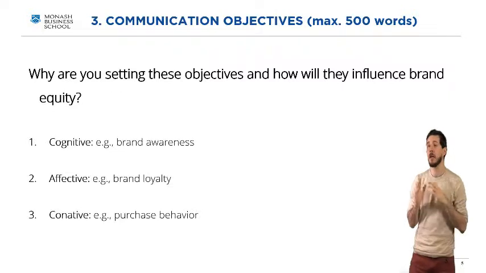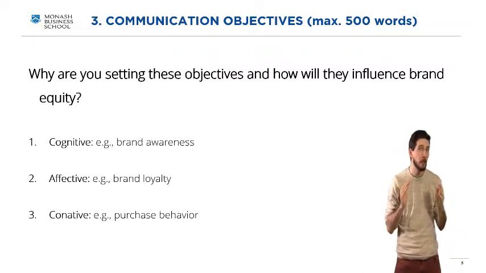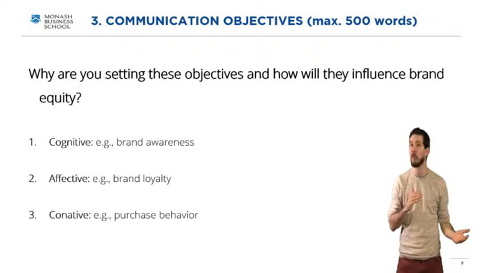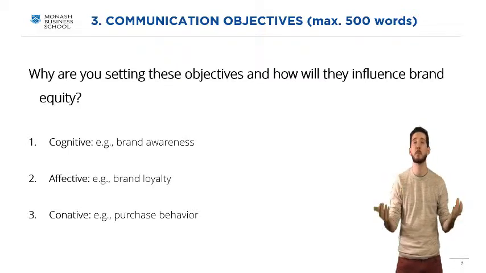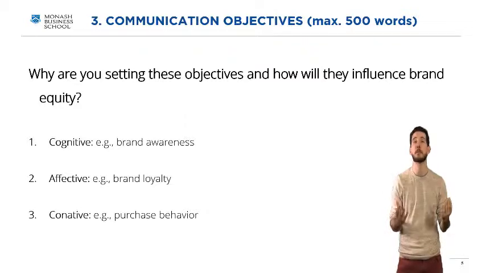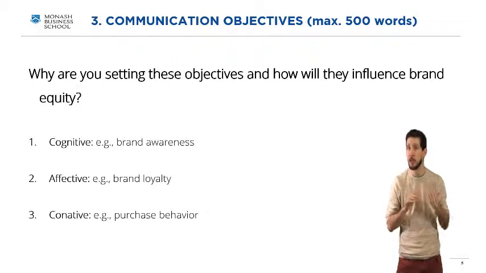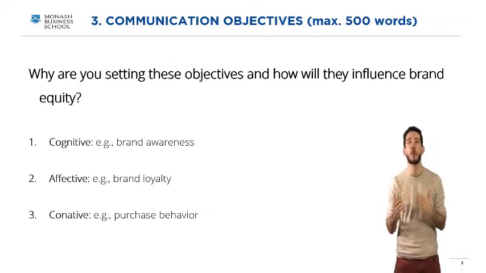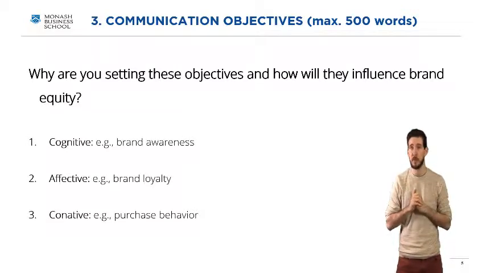We have objectives that are at the affective level, so we want to generate emotional involvement, we want to increase brand loyalty, and then we have, of course, the behavioral objectives, which usually speak about increasing purchase frequency or the amount of product purchased. So these are all behavioral objectives, right?